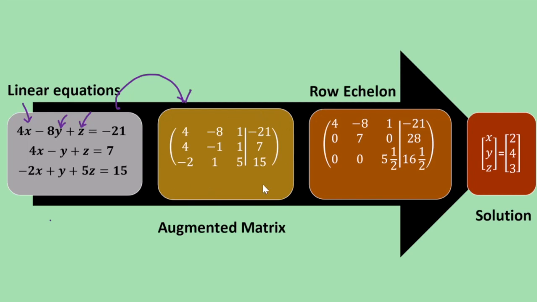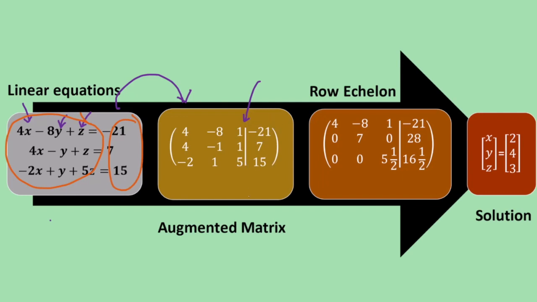You will see here that the augmented matrix doesn't contain the variable. Instead, it contains all of the coefficients. This vertical bar separates the left-hand side of the equation from the right-hand side of the equation.